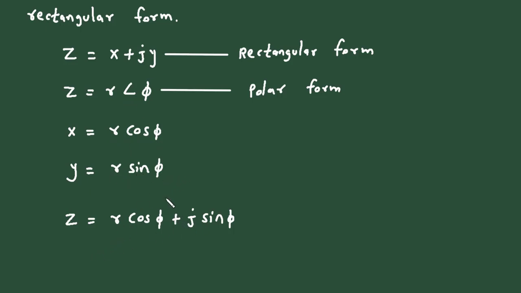Now from both of these we can take r common. So therefore z is equal to r in bracket cos phi plus j sin phi. So this is the formula to convert from polar form to rectangular form.